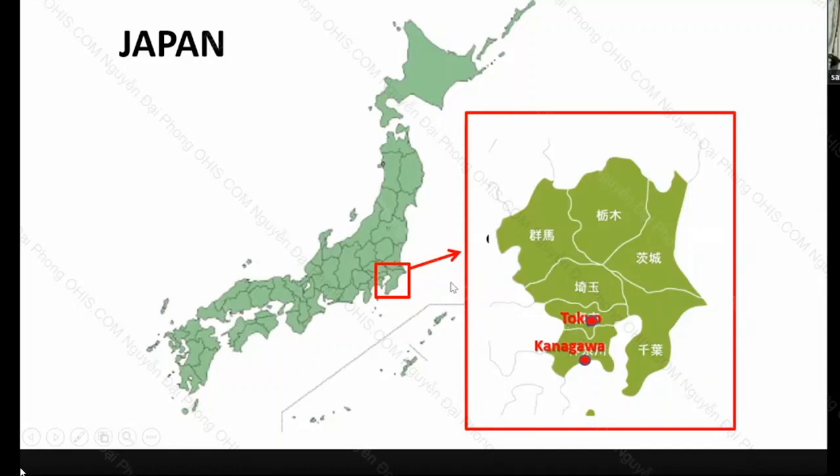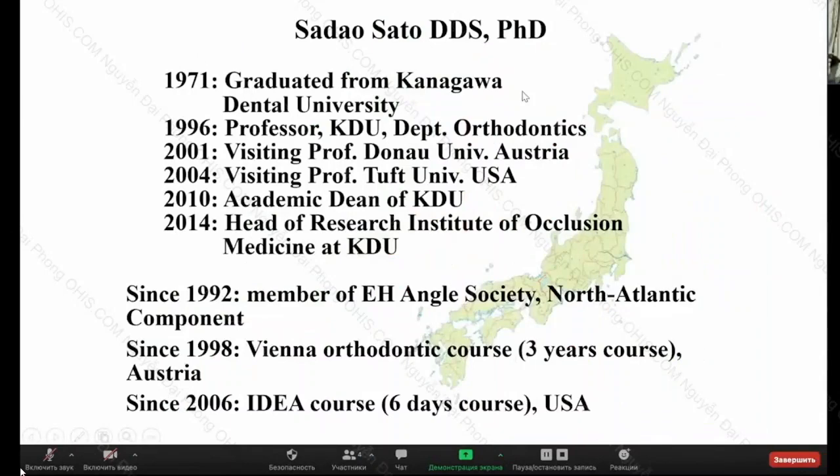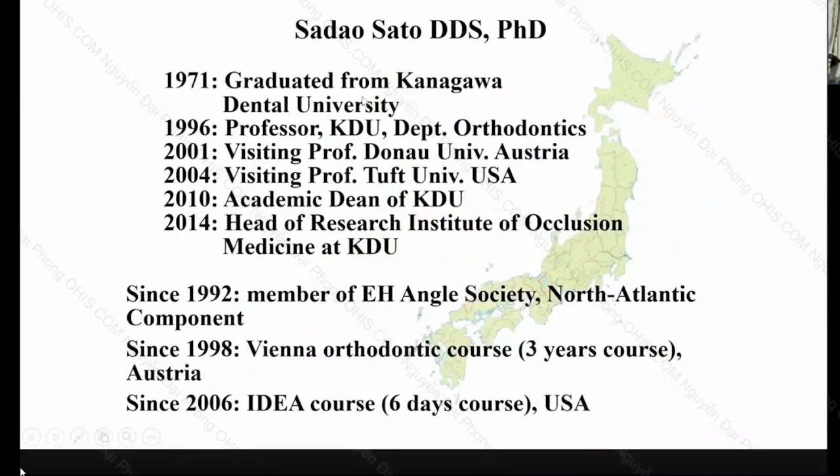I graduated from Kanagawa Dental University in 1971. In 2010, I was academic dean of this school, but now I have retired, and I'm still doing only the research part.